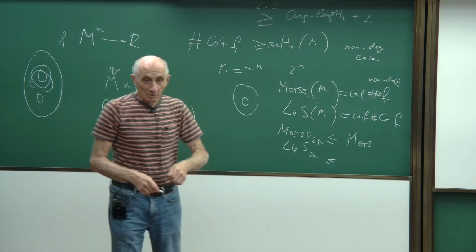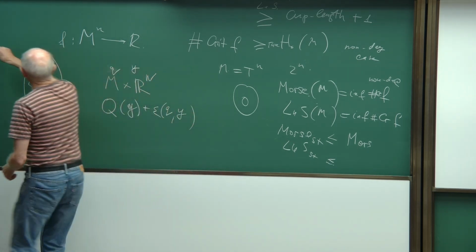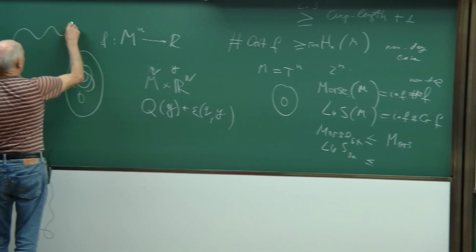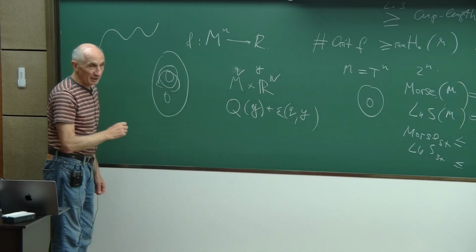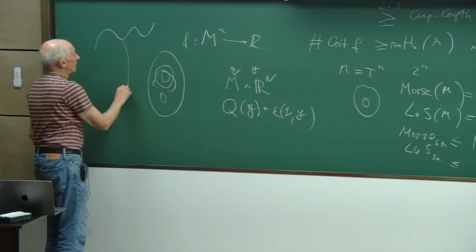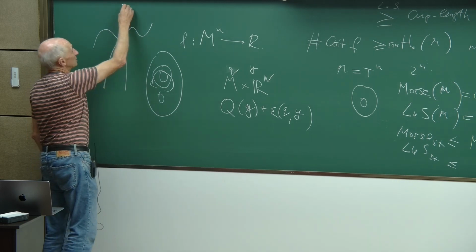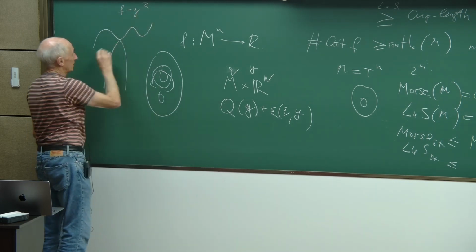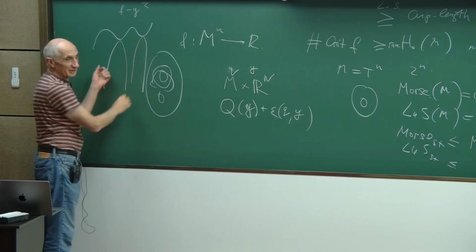Now if you have a function on our manifold, this is the graph of a function on our manifold, and you add, for instance, the function minus y squared, then you get a function like this.